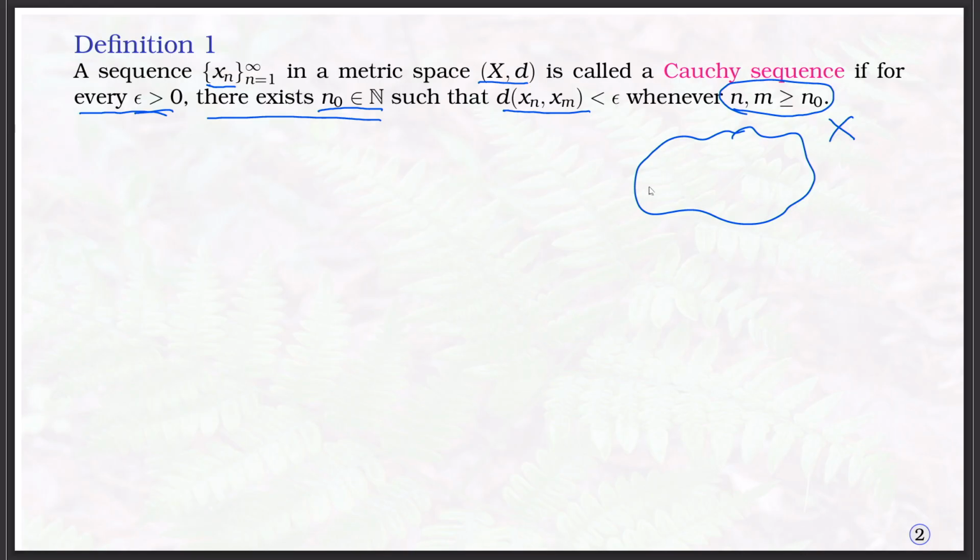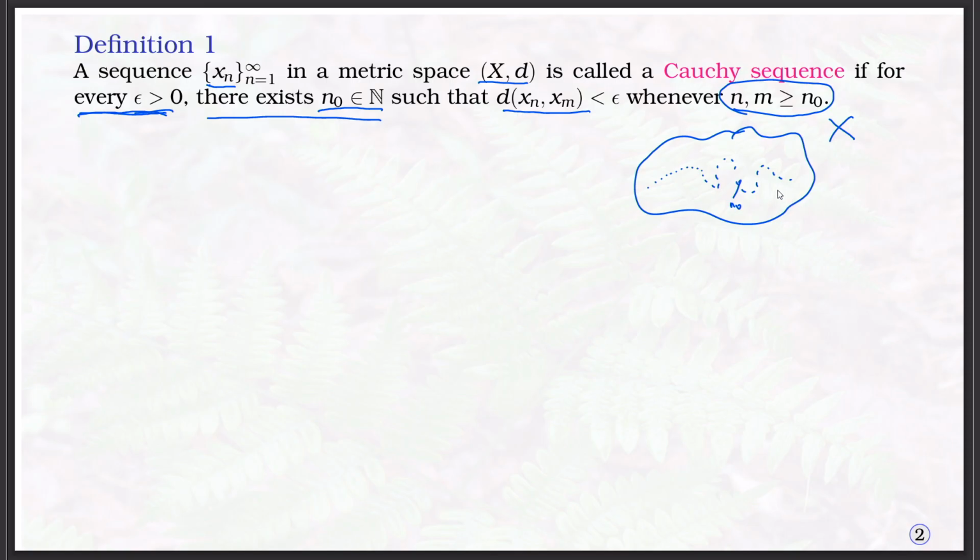Say for example, suppose you have a space like this one, this is your metric space, and consider a sequence of points like this. Now, for every epsilon greater than 0, there exists a stage n naught such that after this n naught, if you are finding the distance between any two points in the sequence, then it is less than epsilon.